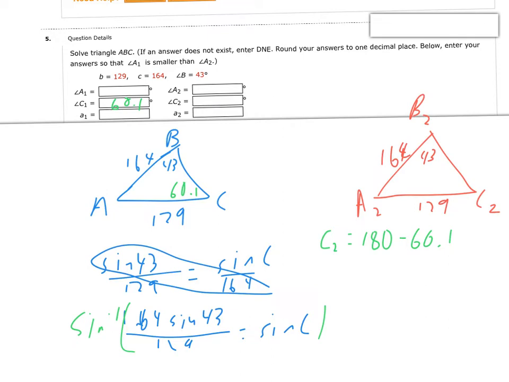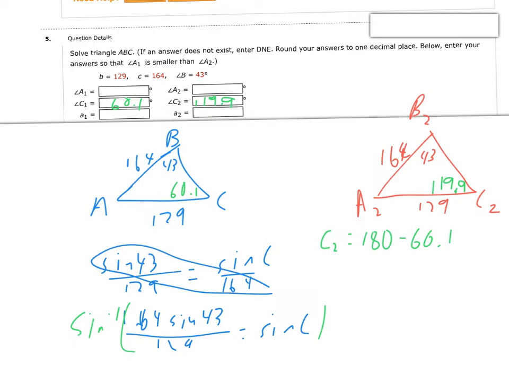And that's what we always do on the ambiguous case. Whenever you find an angle first using law of sines, you subtract it from 180 to find your second angle here. So this will be 119.9.